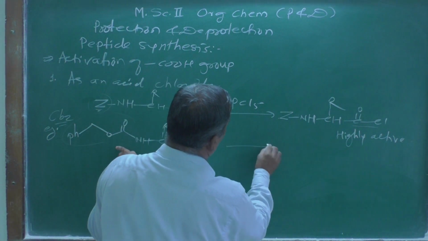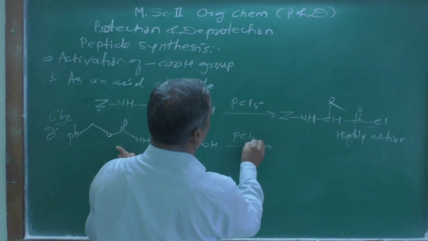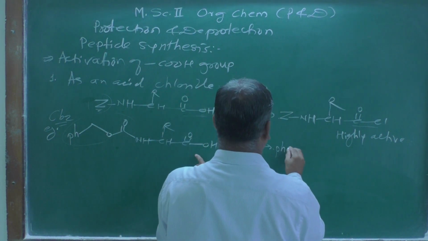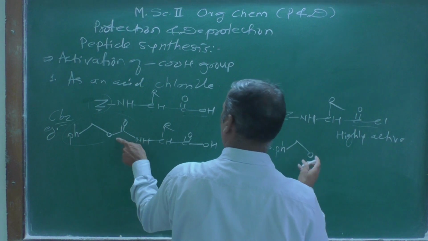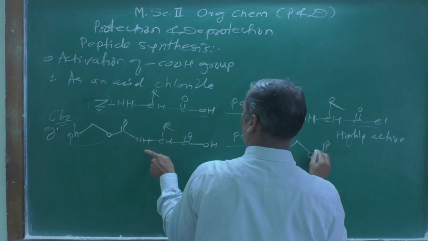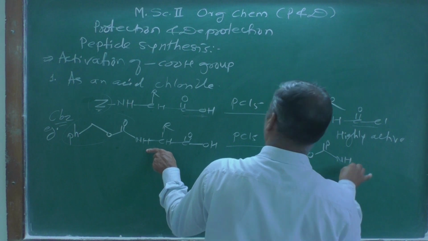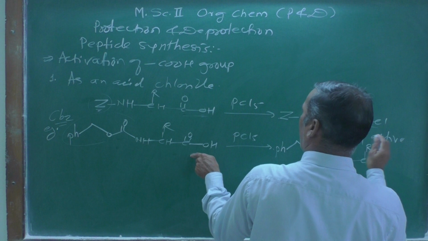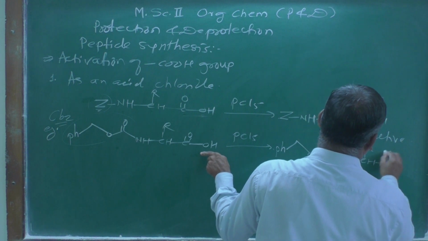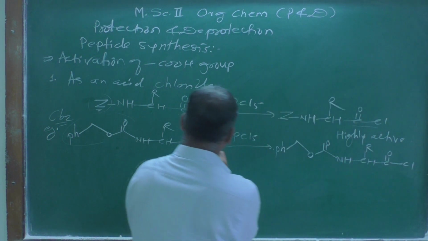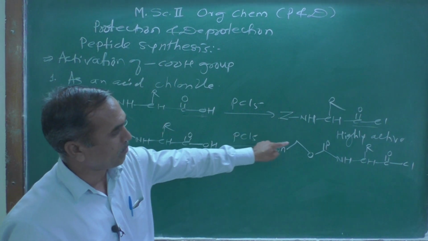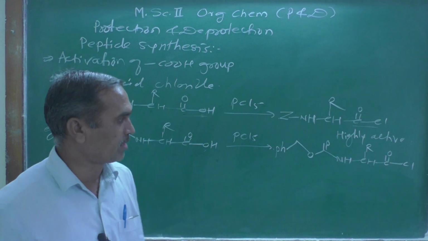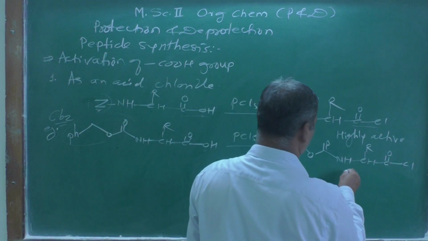Then it will be treated with PCl5. What do you get? You are going to get Ph, then CH2O, then C double bond O, next NH, then CH, R as it is, C double bond O, Cl. Only the OH group gets replaced by Cl, meaning that group is an activated group.